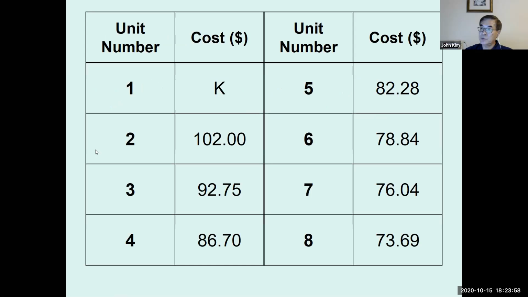Okay, example. Unit number 1, 2, 3, 4, 5, 6, 7, 8. K is not given, but we have the second one's cost, the third one's cost, the fourth one's cost, and so on.